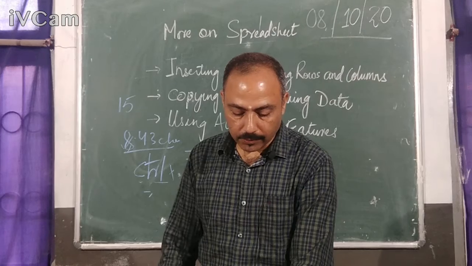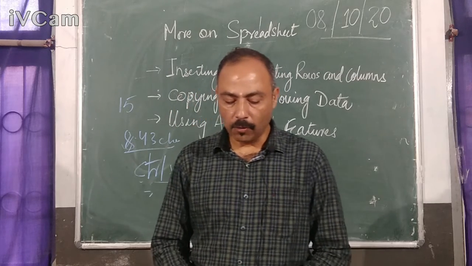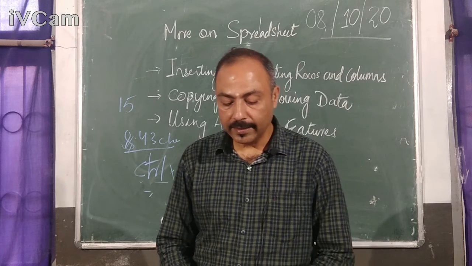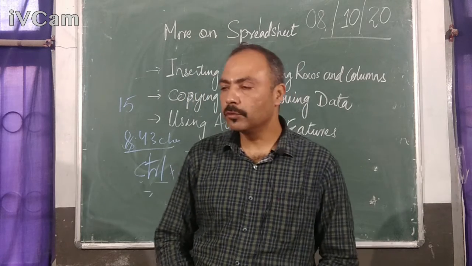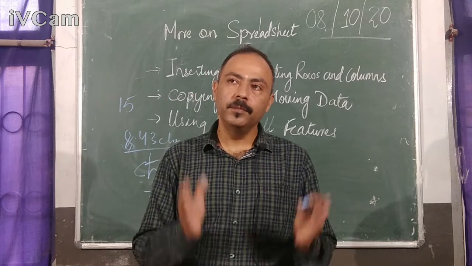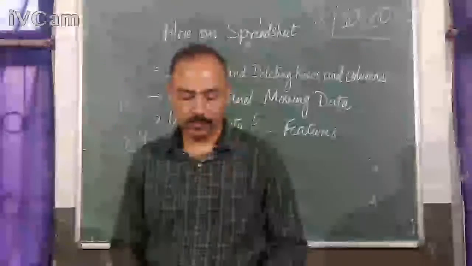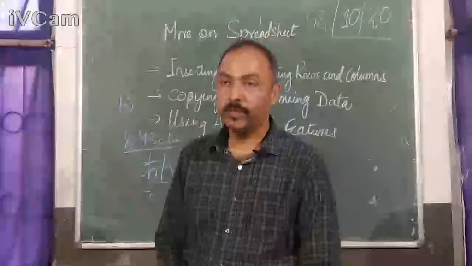So we know that by default there are 3 worksheets. We can copy it in that same one, or we can go to the next one, or in a different workbook also.